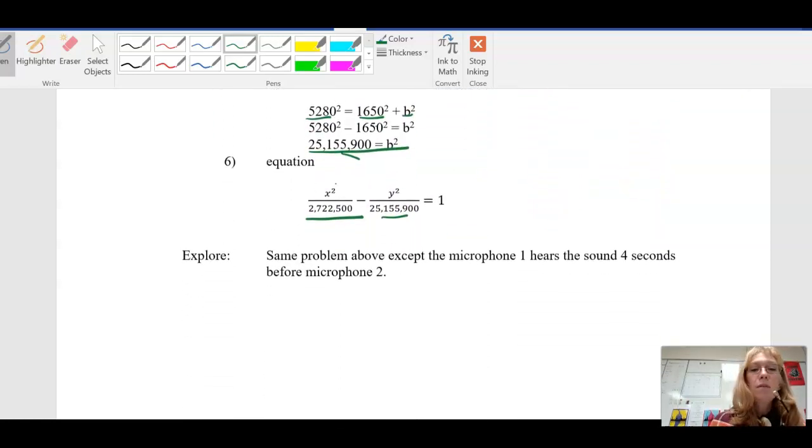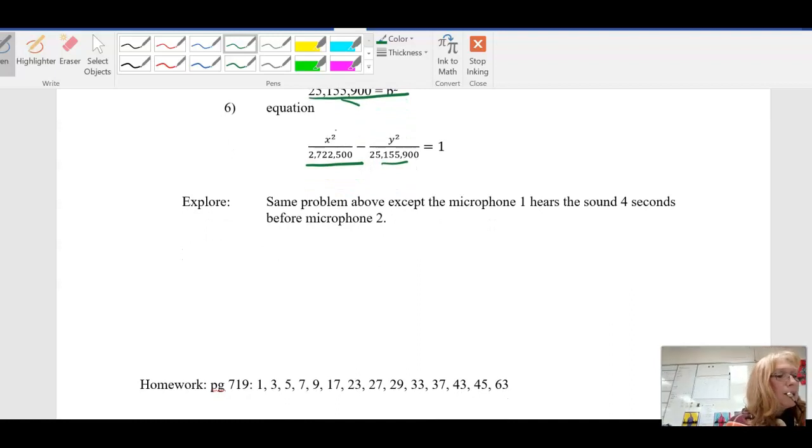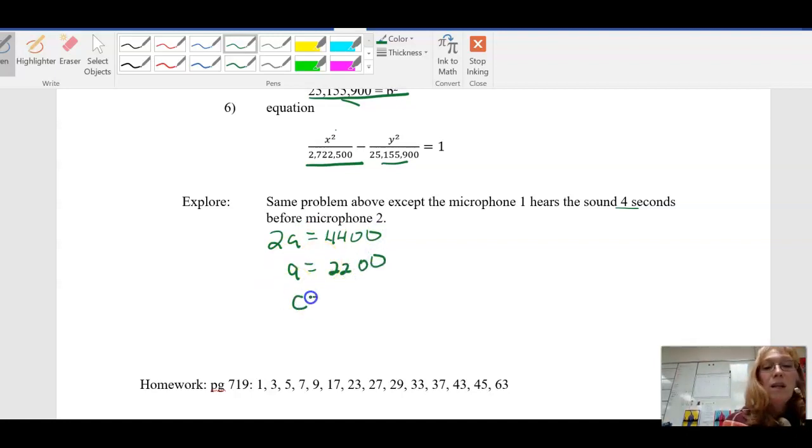Pretty cool, huh? Okay, yours is the same thing, except now it's 4 seconds apart. So what changes? You're right, 2a equals 4,400. So now a is going to be equal to 2,200. Okay, c is still 5,280.